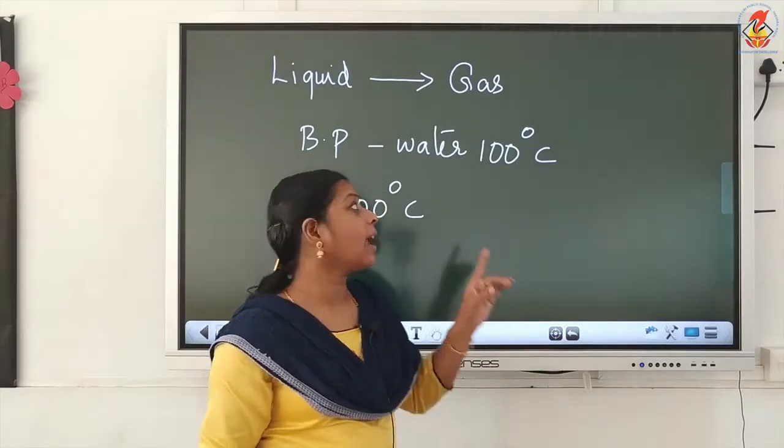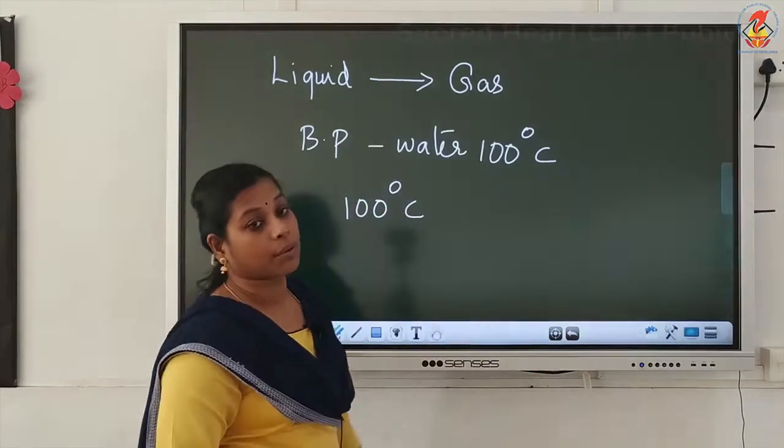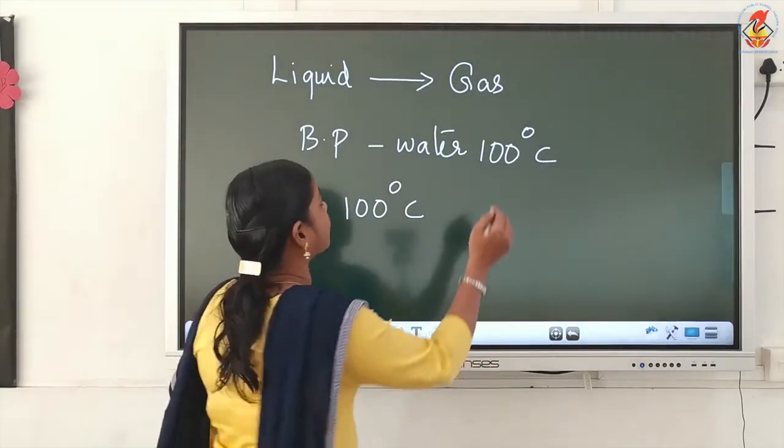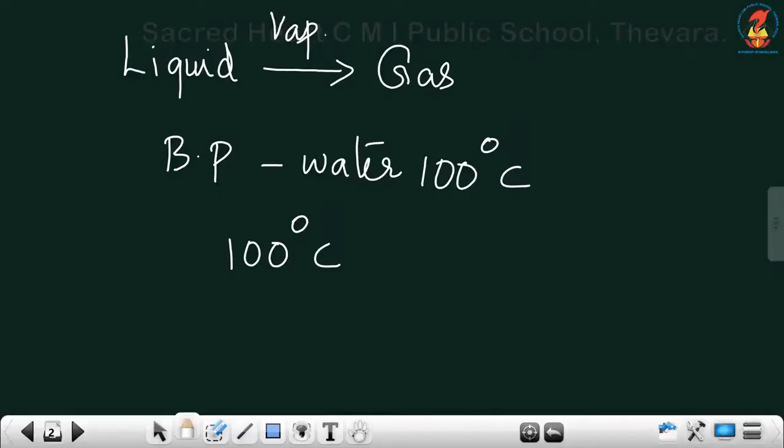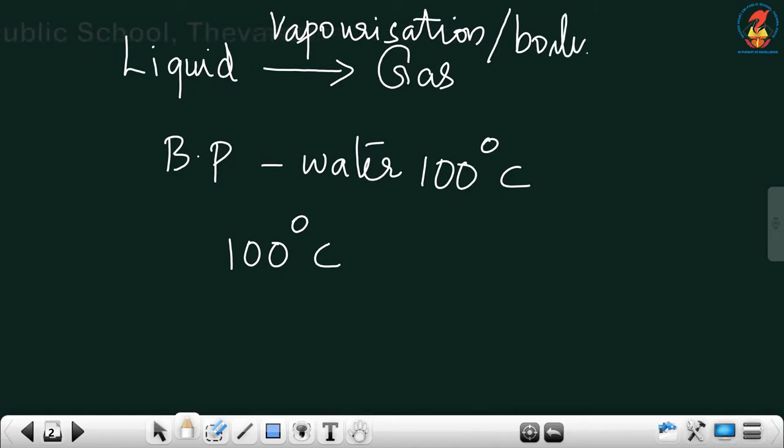So, we can say the conversion of liquid to gas is known as vaporization, or we can call it boiling. The change of liquid to gas, either we can call it boiling or vaporization.